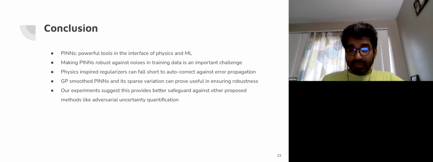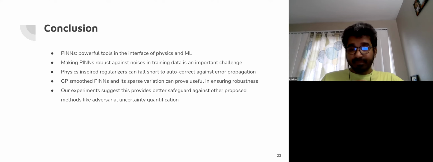We extensively explored different options as regularizers, and we found that they alone cannot autocorrect the error propagation that we see in PINNs. One solution is using smoothing, and its sparse variations as well, which are found to be pretty useful in ensuring robustness.